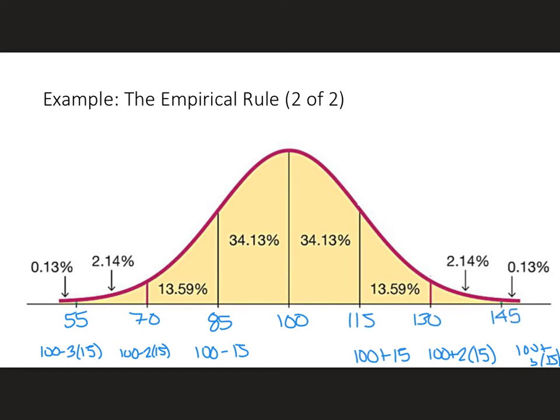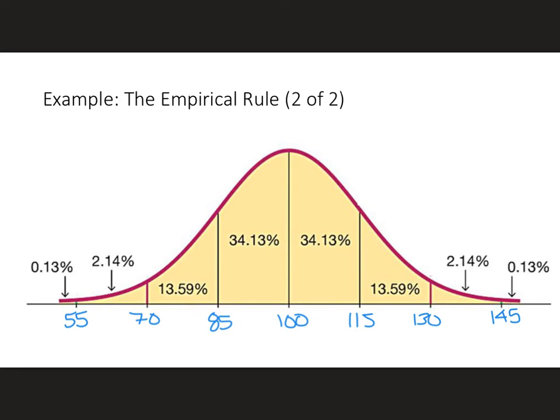So now that I have my values put on my normal curve, I am going to start to answer those questions. Let's erase this bottom part so we have some room here. Our first question asked what percentage of IQ scores are between 70 and 130.